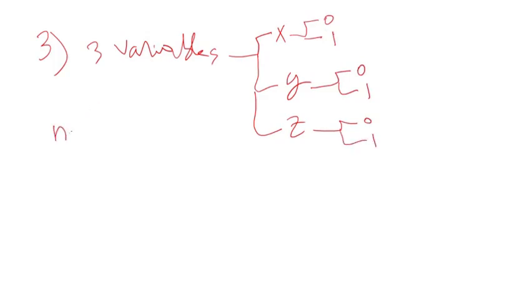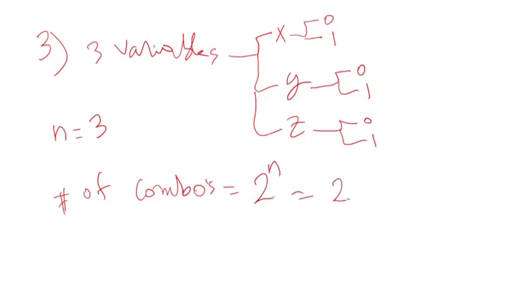So n, the number of variables, is 3. So the number of combinations I would have is 2 to the power of n, which is 2 to the power of 3, which is 8.